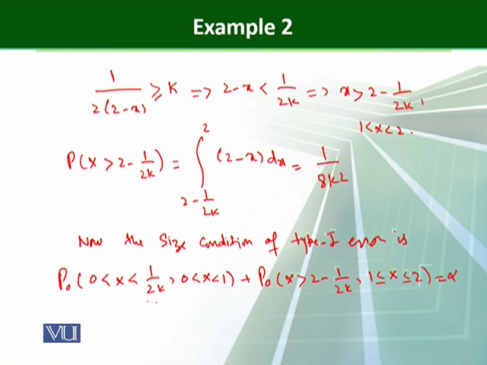And we know that its probability is 1 over 8k square plus 1 over 8k square, which is equal to alpha, and this implies that 1 over 4k square is equal to alpha, and this implies that 1 over 2k is equal to the square root of alpha.